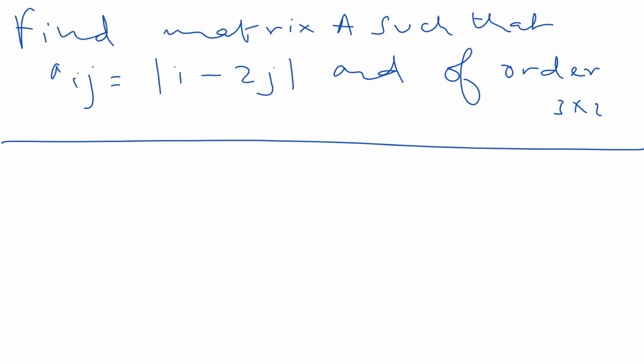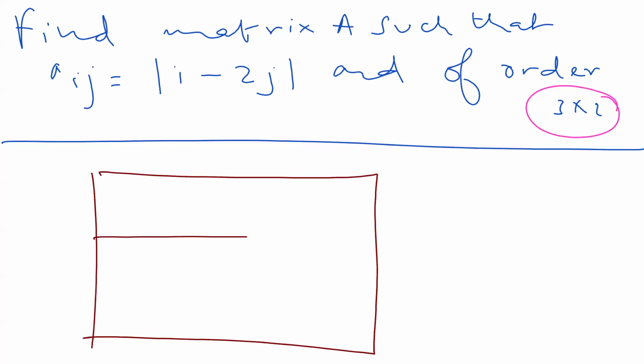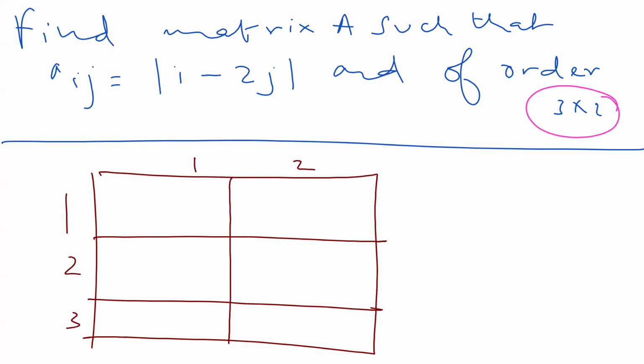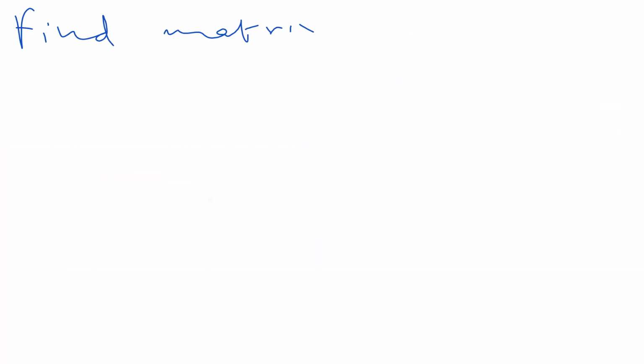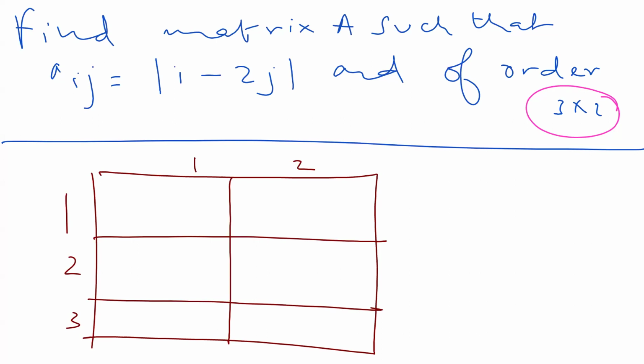Now, first and foremost, they have given us the order 3 by 2. So first we'll make the mapping table of 3 by 2. 3 rows and 2 columns. Tell me what is the code value, not the object value? This is small a11.